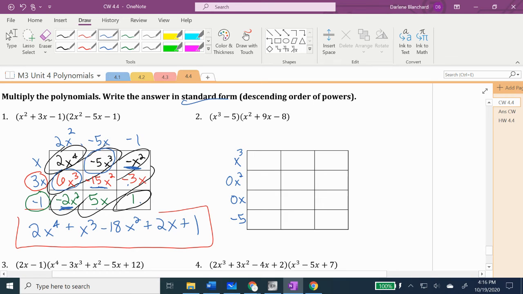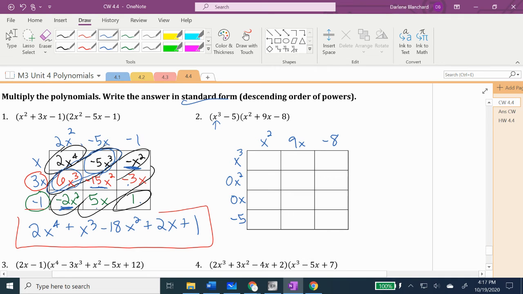And then for the second polynomial, I have x squared plus 9x minus 8. So if I start with my largest degree term and I count every exponent down all the way, even putting zeros right there, then I will have an easier time when I find my like terms.